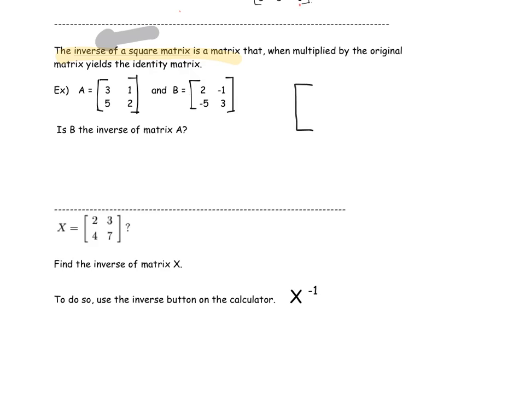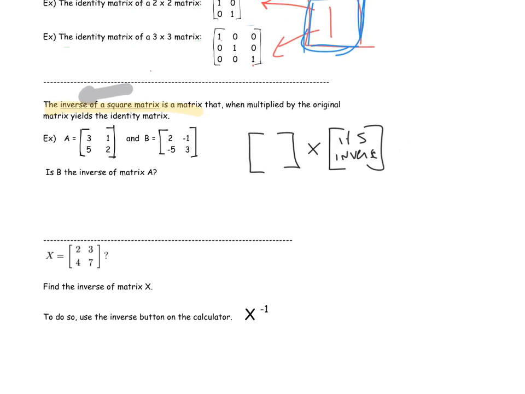You take a matrix, and if you multiply it by its inverse, you end up with the identity matrix.